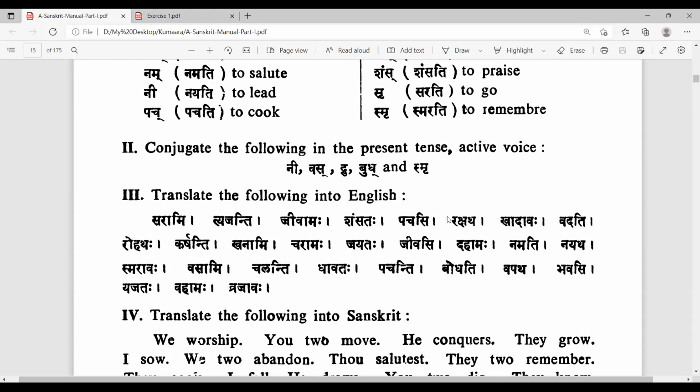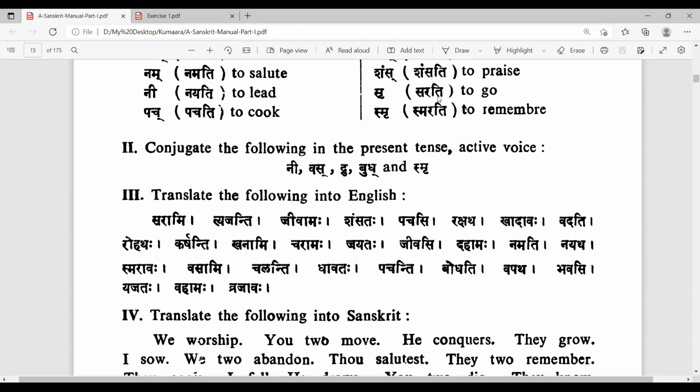Yes, Sociology. Please translate the following into English. Sarami. Each one of you take one by one. Sociology, followed by Kameshwari and Sumati. Quickly. Yes, please do it. Sarami. Sri dhatu, to go. It is there.